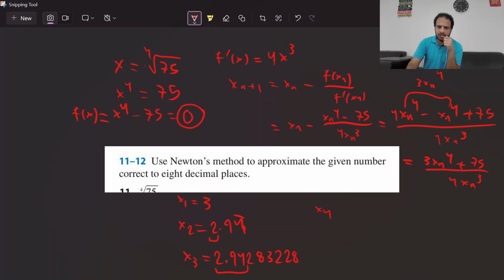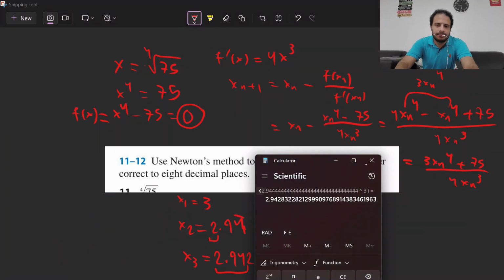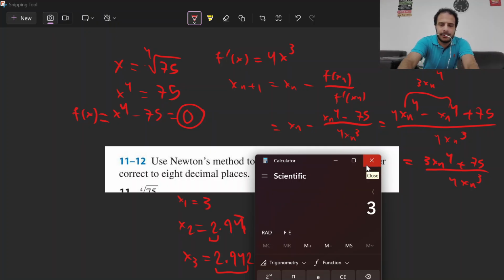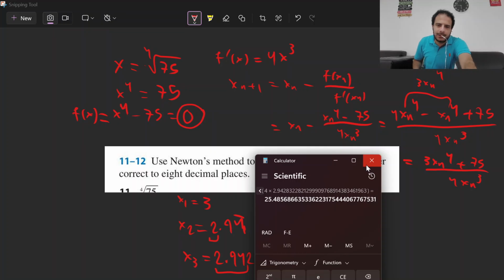Now x4. Control C. Now close. Then 3 times Control V power 4 plus 75 close divide 4 times Control V close. You get this. And it's clearly not correct, right? Because I forgot power 3. Let's do it again.